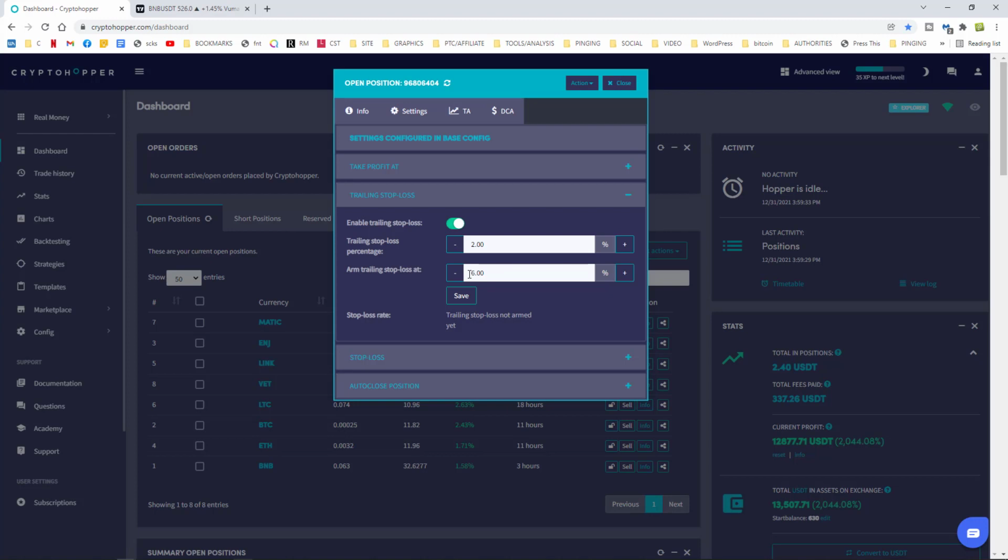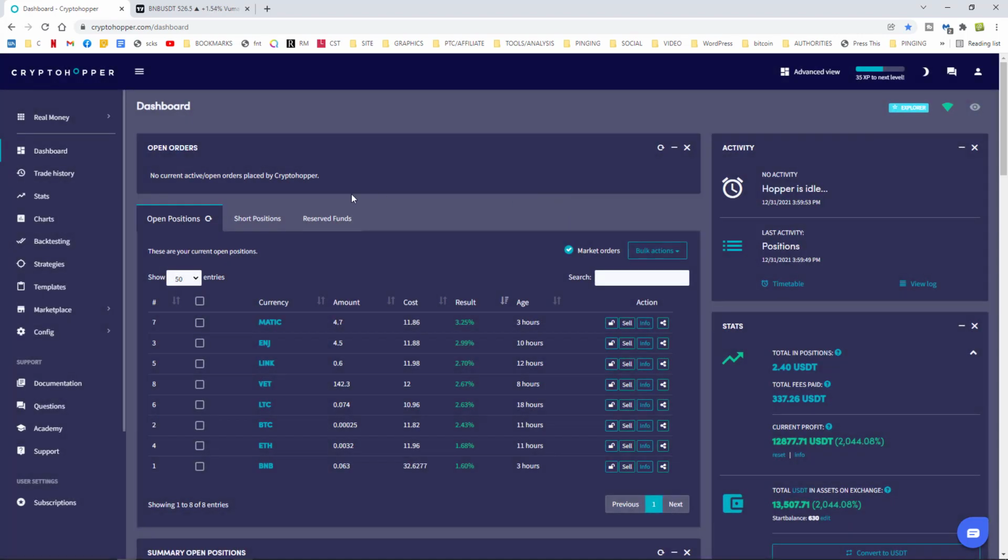It could go up to 16 and then drop to 14 and sell. This trailing stop loss is cool. It's really cool. It means you can make more profit, but it also means that you can set it a bit too tight and lose out on profits as well, because it's sold too soon.